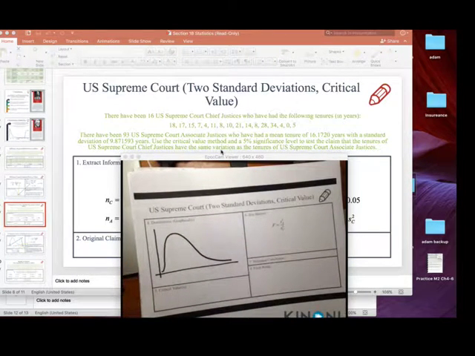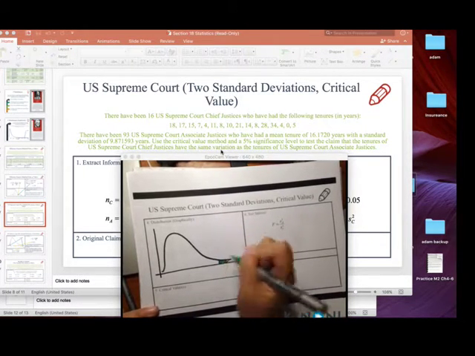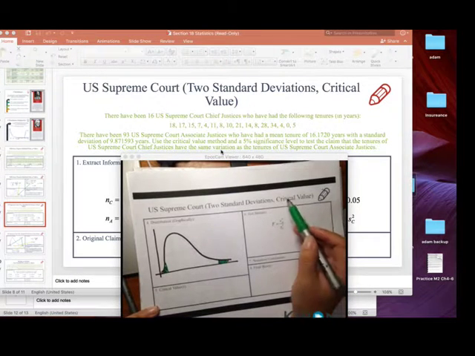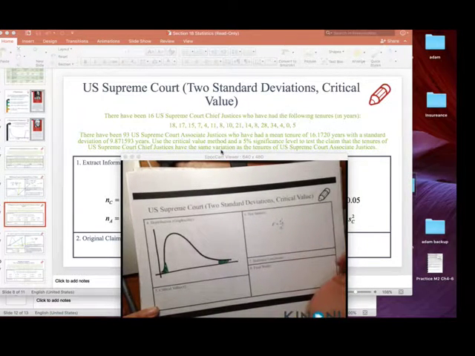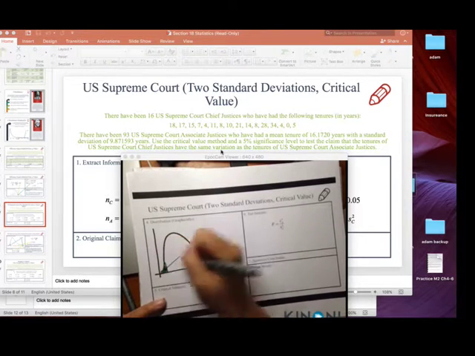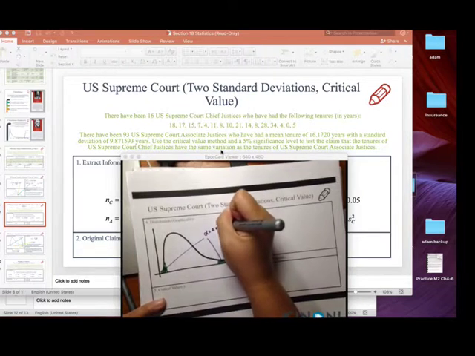And then we have two-tailed. We are working with the critical value method, so these two areas here and here, the alpha should be equal to 0.05.